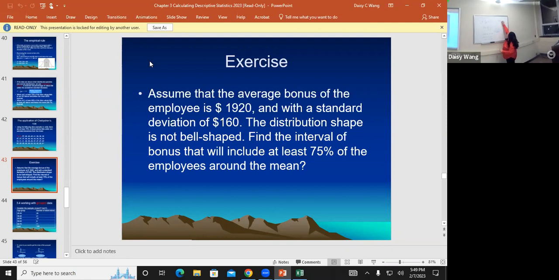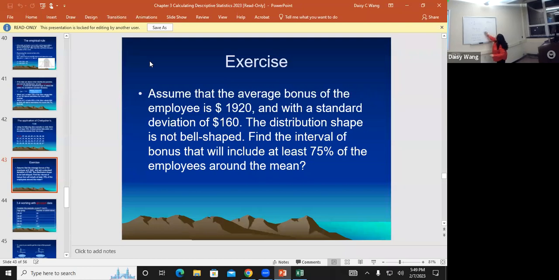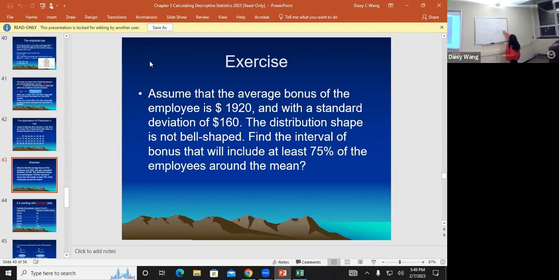So 89% corresponds to Z equal to 3. This is 75%, and then 3 will be here. So this whole area will be 89%.